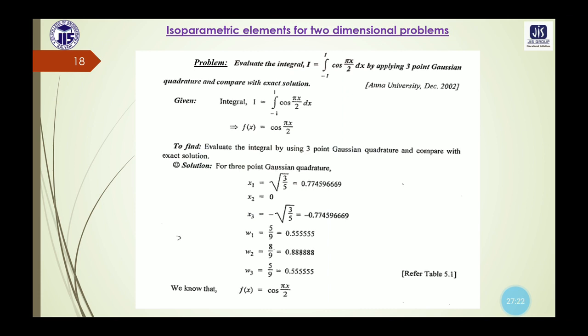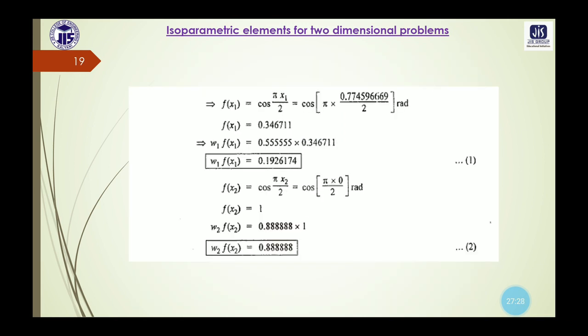Now here the value of fx is cos pi x by 2. So that means fx1 is cos pi x1 by 2, which is coming finally as 0.3467.